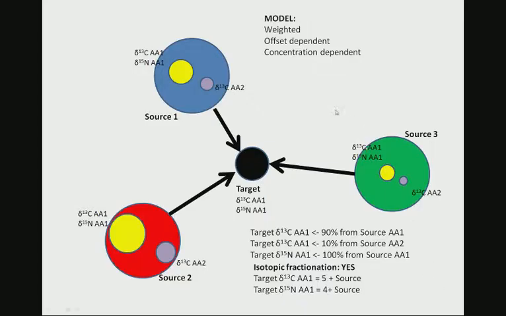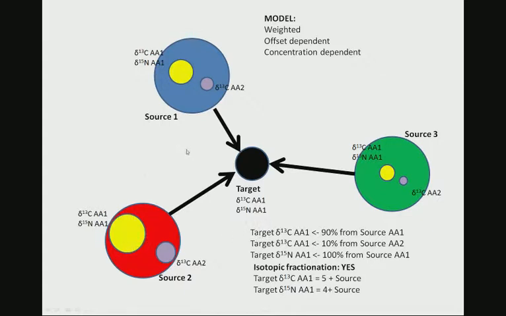Now let's imagine that your target delta C13 signal in amino acid 1 is no longer determined 100% by your amino acid 1.